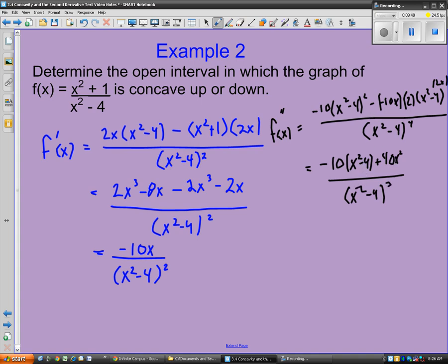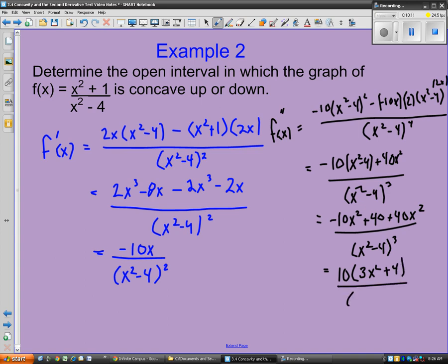So this is just making my simplification a little bit easier. Distribute my negative 10. I get negative 10x squared plus 40x squared all over this thing. And with a little more simplification, it looks like I can factor out a 10 and get 3x squared plus 4 all over this thing.